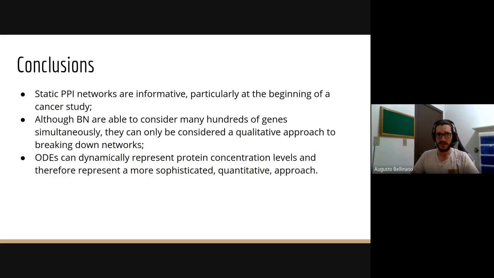So combining these methods, you can have a pretty good understanding of how cancer works and how we can develop some drugs and approaches to treat and maybe cure someone. So this is it for my part.